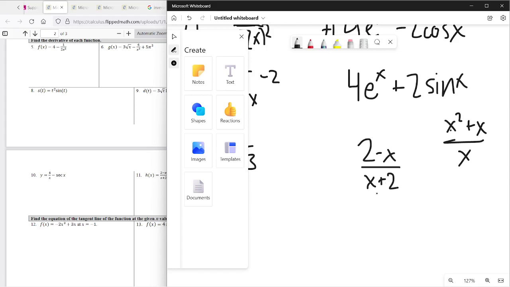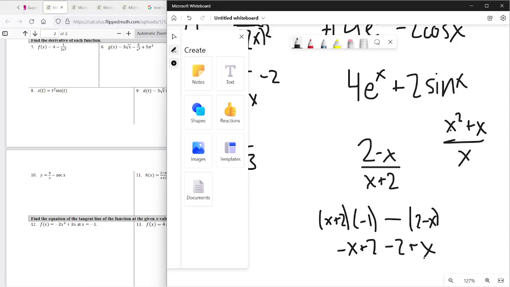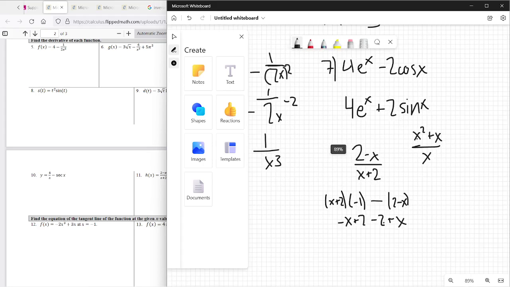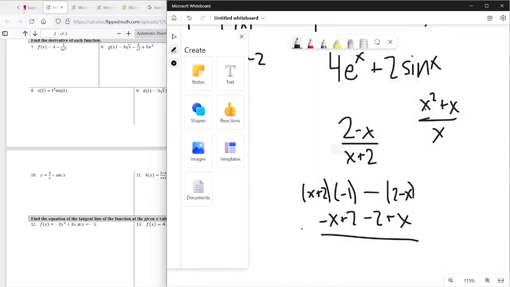So low times the derivative of high, x plus 2 times negative 1, and high minus high times the derivative of low, 2 minus x times 1. I'll put 1 there. So negative x plus 2 minus 2 plus x over x plus 2 squared.